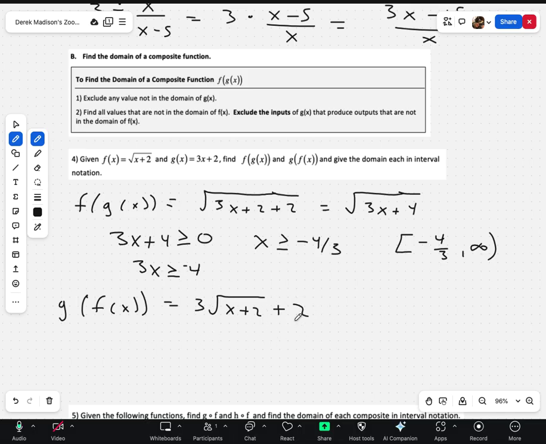So there's our function, and then x plus 2 has to be greater than or equal to 0, so x has to be greater than or equal to negative 2. So the ones involving a root are pretty easy because we can't have the square root of a negative number because it becomes imaginary, it's just greater than or equal to 0, and that sets that up.